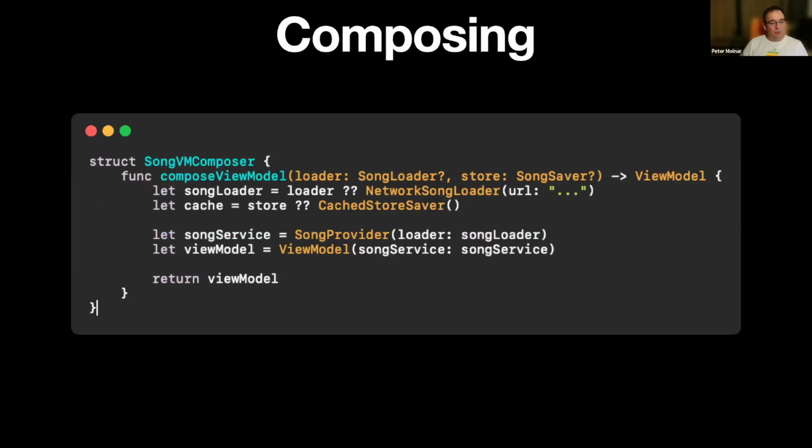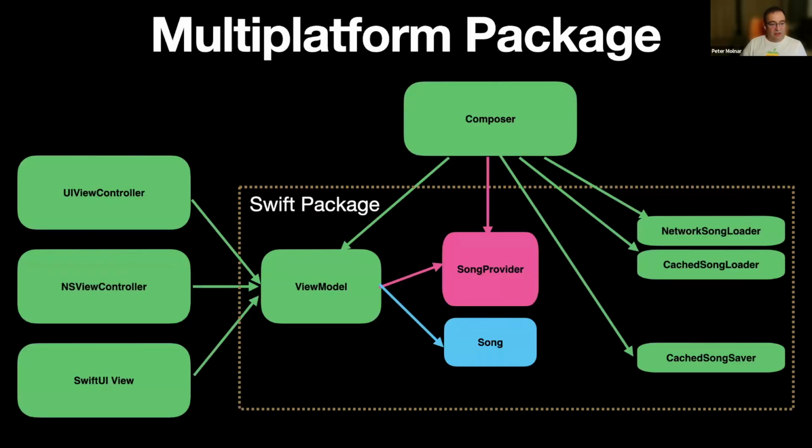And this is where the composer entity, which can build all of them together, comes into place. Moreover, you can also easily compose together different implementations. Basically, it spits out a view model based on the injected parts, and then the view model can be used to compose your specific platform view code.